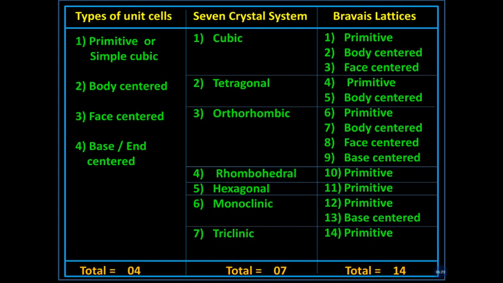While in the last column, 14 Bravais lattices are there. The cubic crystal system consists of 3 types of Bravais lattices. Tetragonal 2, orthorhombic all 4, rhombohedral 1, hexagonal 1, monoclinic 2, triclinic 1. In this way, the total of the Bravais lattices becomes 14.